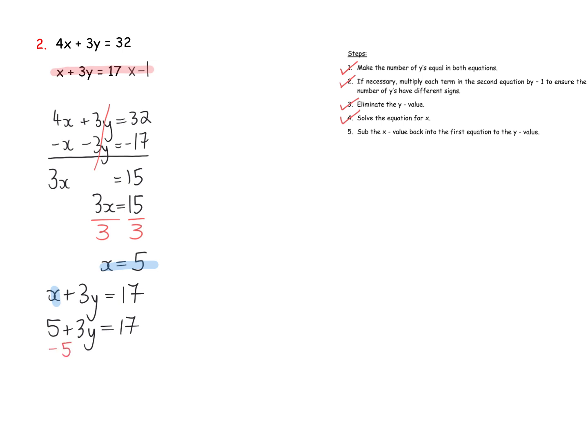So I'm going to minus 5 from both sides. I'll be left with 3y is equal to 17 minus 5, which gives us 12. To get y by itself, I divide both sides by 3, and I get that y is equal to 4. So the point of intersection of these two lines is 5, 4.